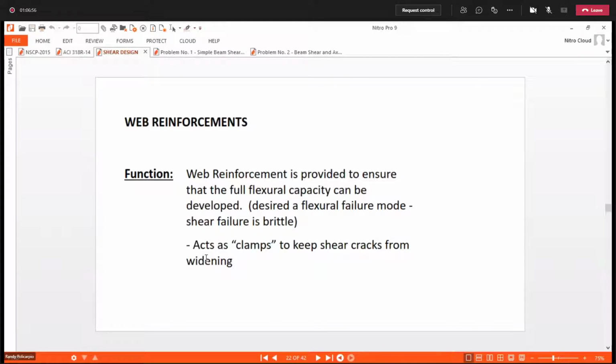Now, our shear reinforcement or web reinforcement acts as a clamp to keep shear cracks from widening, which is true.